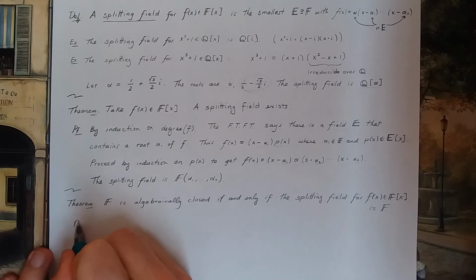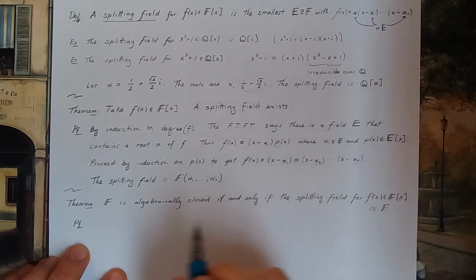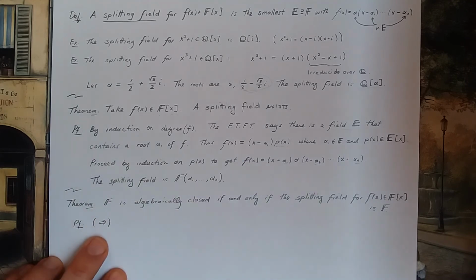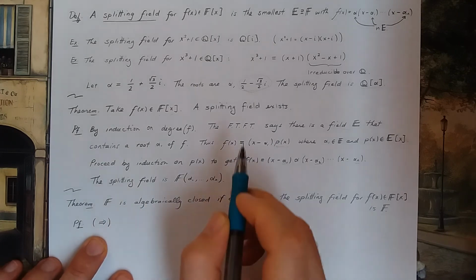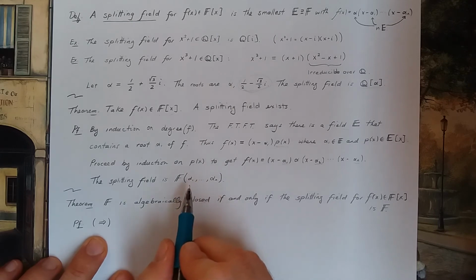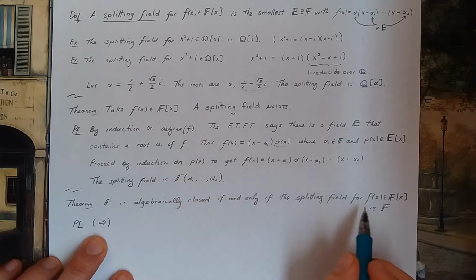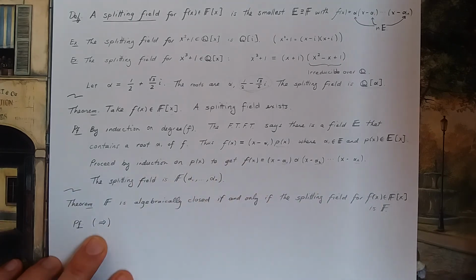Okay, so let's write down the proof of this. So the reason why this is true is, well, I've got an if and only if statement. So if F is algebraically closed, then every polynomial has a root in the field.